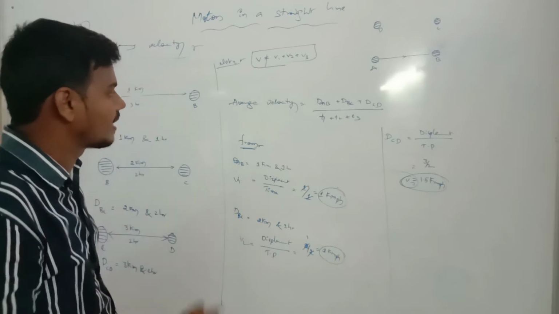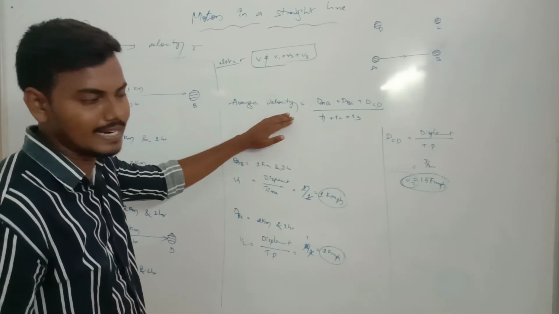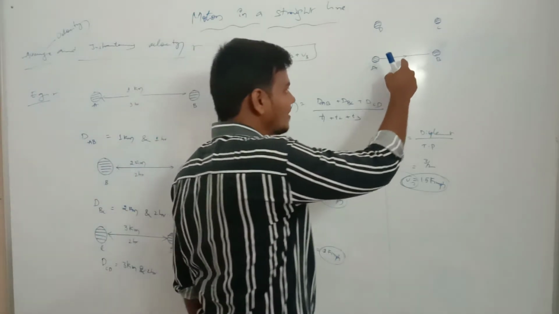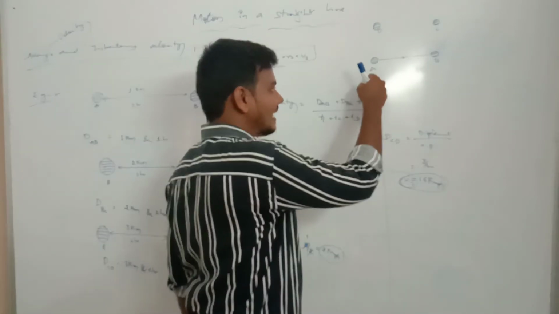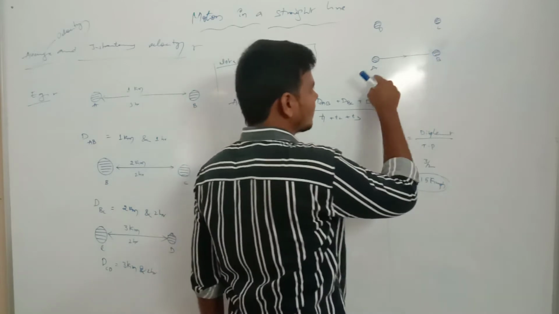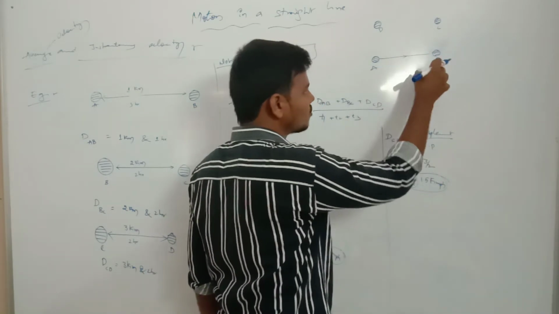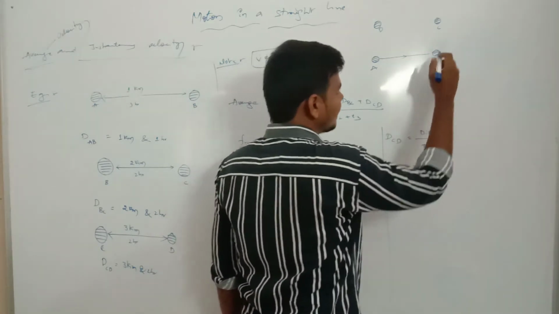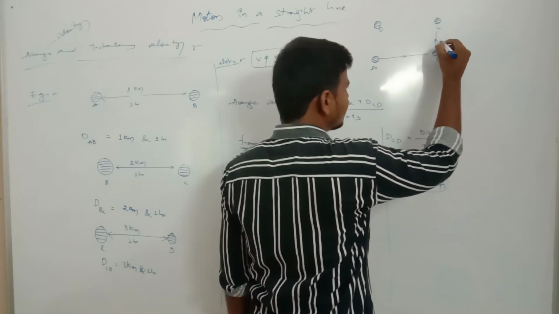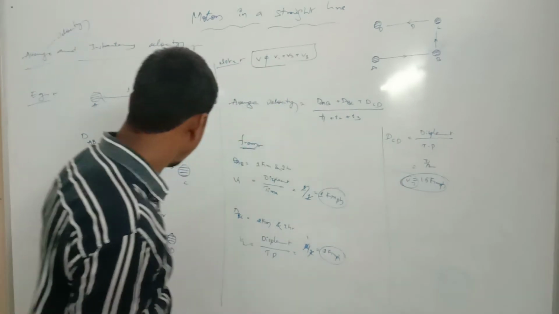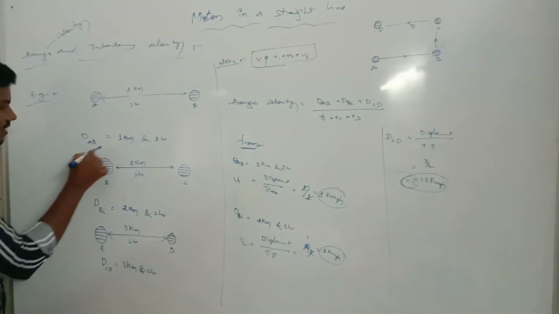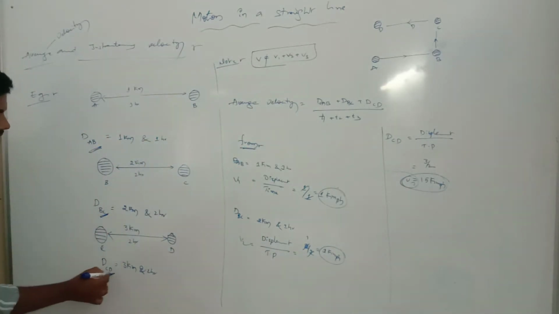Vector quantity means velocity, right? The symbol always indicates a vector quantity, the direction. A to B is the position vector. Again the object moves from B to C, and C to D. There are 3 positions: A to B first, B to C second, C to D third.